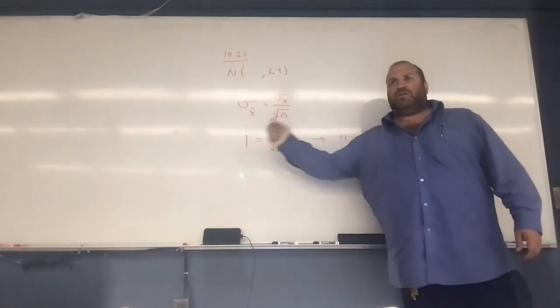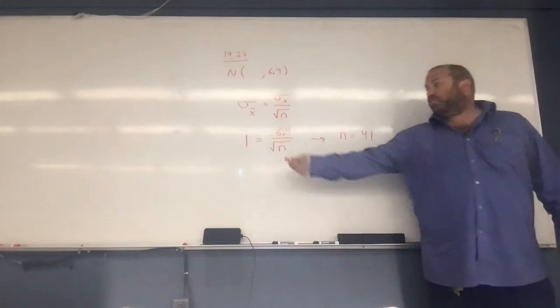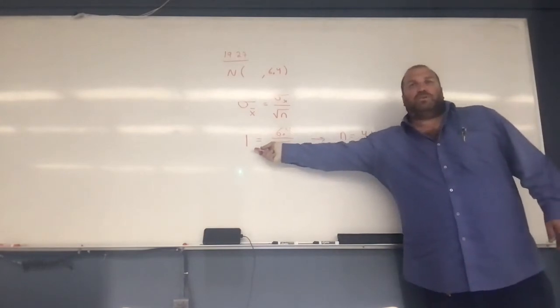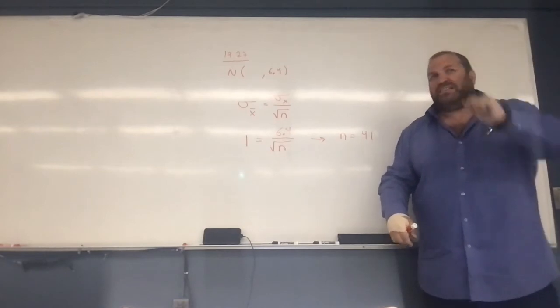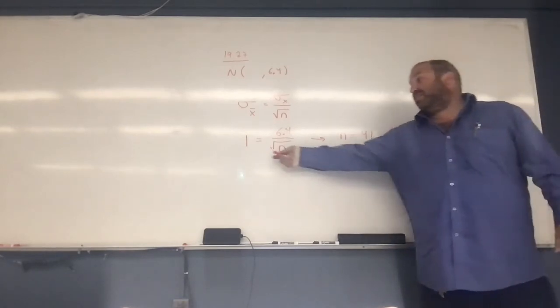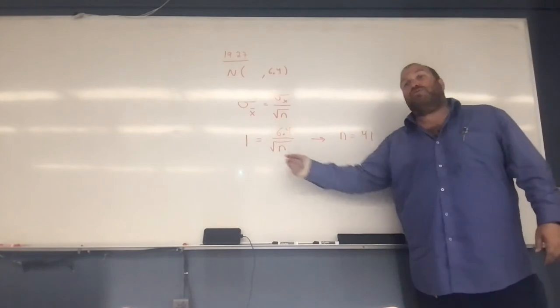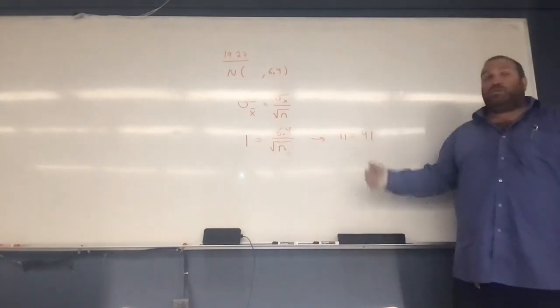So the bigger the n, the smaller the number over here. So 40.96 is the value that we need to get it to 1. Anything less than that won't have reached 1. Anything more than that will have reached 1. And therefore the answer is 41.